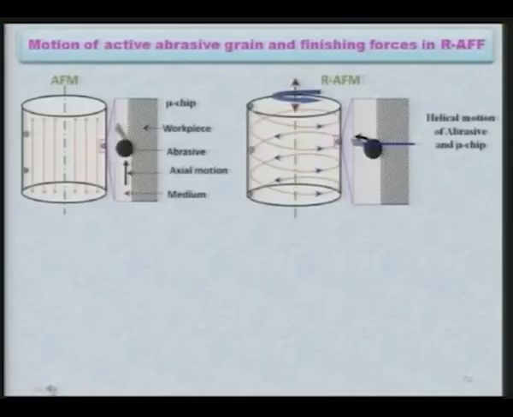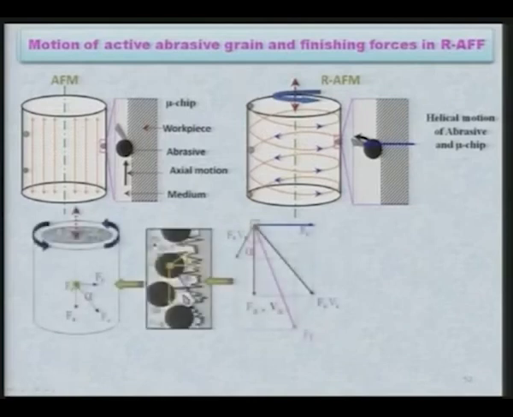This is the analysis, that is, motion of active abrasive grain and finishing force in rotary AFF. This name has been given to this particular process because here the workpiece is being rotated. Now, in case of the normal AFF process, the abrasive particle is moving either in this direction or in this direction, that is, in the axial direction.